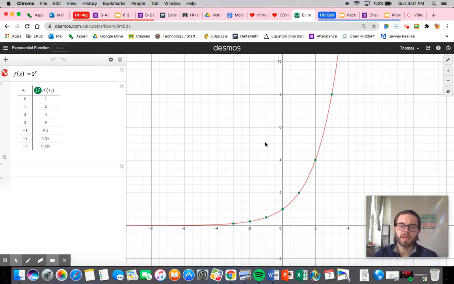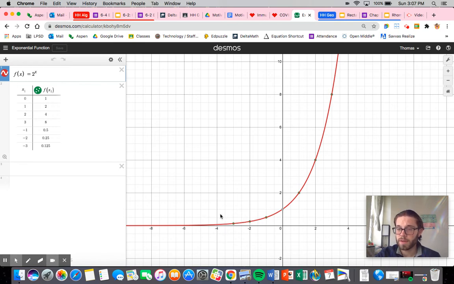And then over on the left-hand side here in quadrant 2, you can see it levels off. And it looks like it keeps getting closer and closer to 0. But you'll notice as I keep going, it never quite gets to 0. It gets close to the x-axis, but it doesn't actually touch the x-axis, okay?